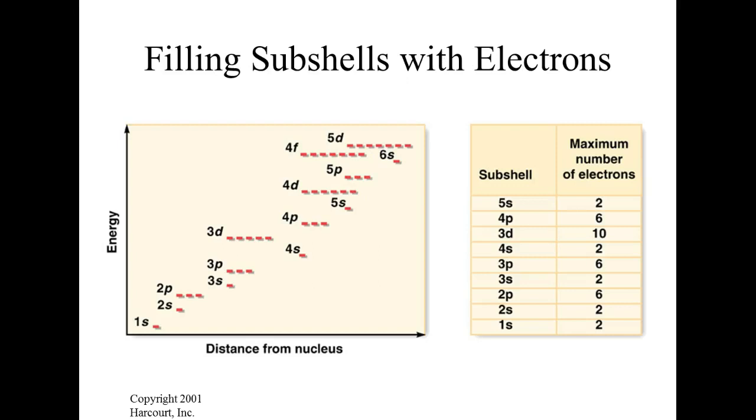The way electrons are arranged in an atom depends on the distance from the nucleus, and the farther you get out, the more electrons you can hold. For example, when we're really close to the center of the atom, 1s, we can only hold 2 electrons. When we get to the 2s, which is a little bit farther out, we can only hold 2. But as we get farther and farther out, we can hold more and more electrons.